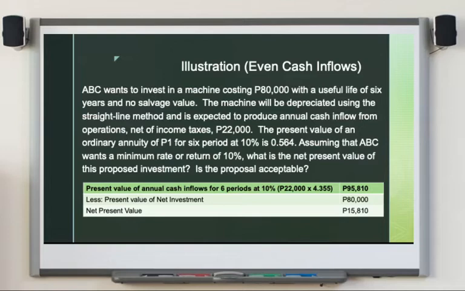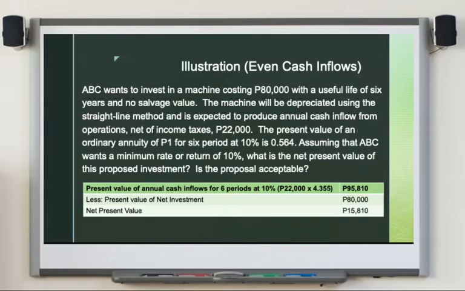Okay. First, you need to understand what is a present value of an ordinary annuity and its difference to the present value of one. We use the present value factor of ordinary annuity when we are computing for the present value of an amount that is to be received every year for a period, and in this case, for 6 periods.